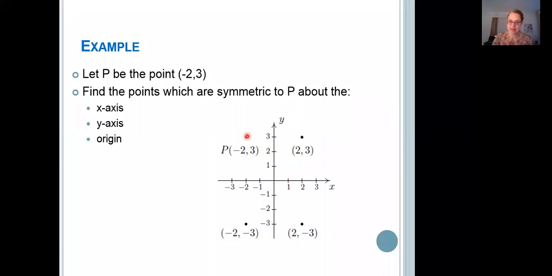We remember that means their x values have to be equal in value but opposite in sign, and their y values have to be equal, like the point (2, 3). And if we want to talk about symmetry about the origin, we just reverse the signs on both coordinates, and we get down here to (2, -3).